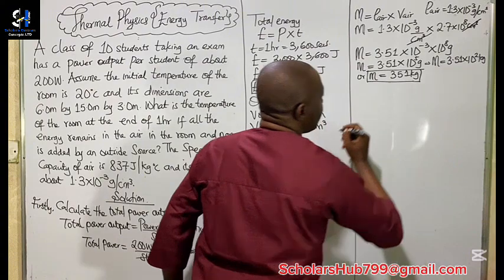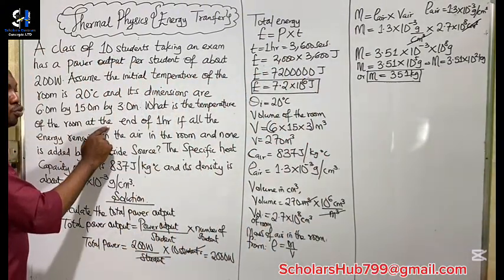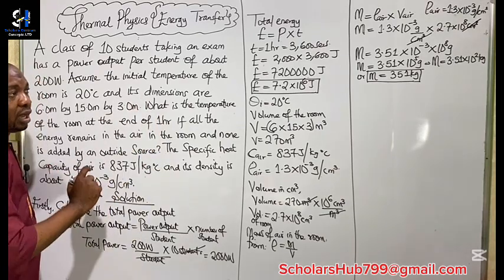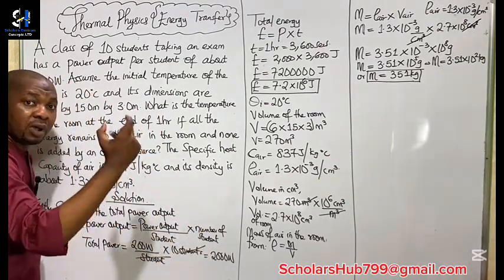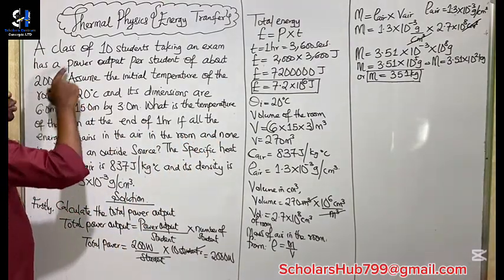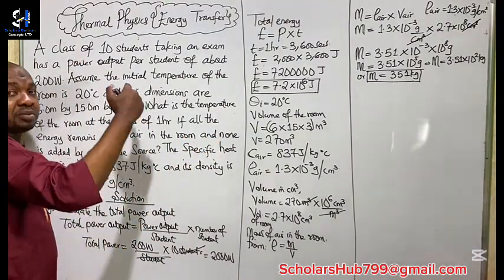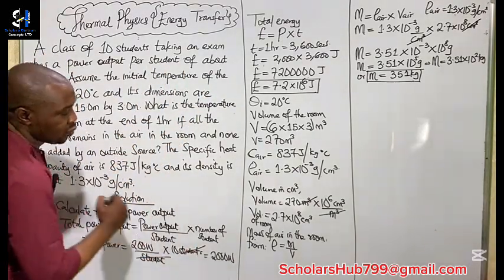Now remember, what is the temperature of the room at the end of 1 hour? We calculated the total power, because the power output per student is given to be 200 watts. So there are 10 students in the class, so that means power per student multiplied by 10, and that will be 2000.